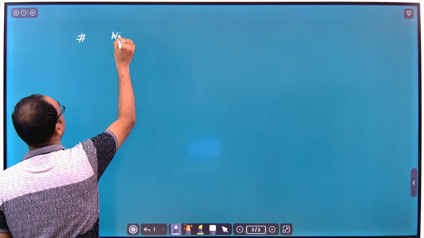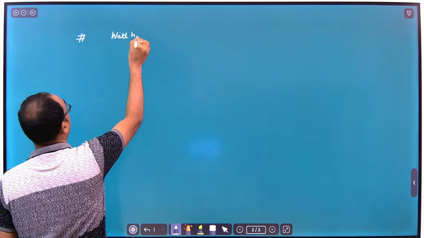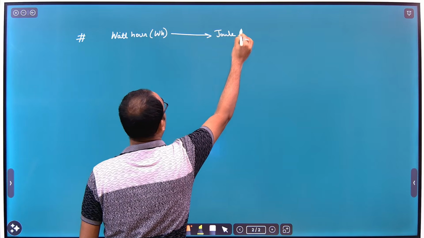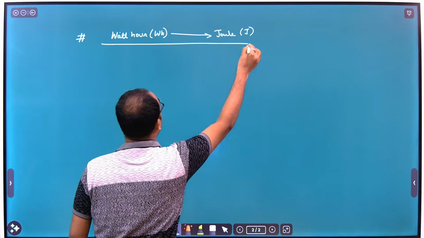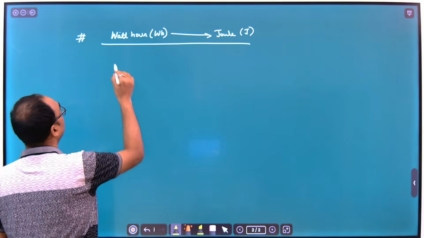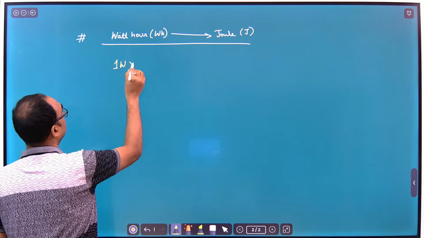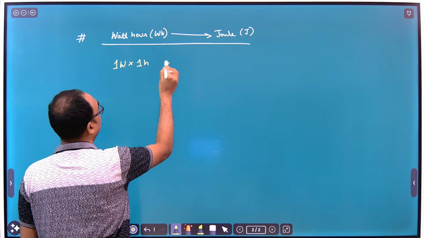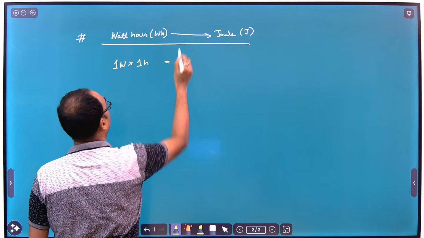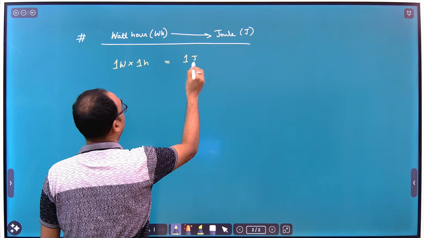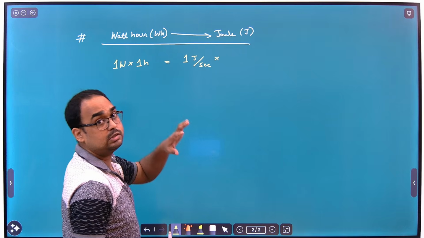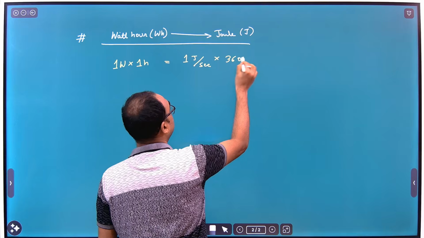Watt hour to joule. Let's start. One watt into 1 hour is equal to 1 joule per second into, converting the hour into seconds, 3600 seconds.